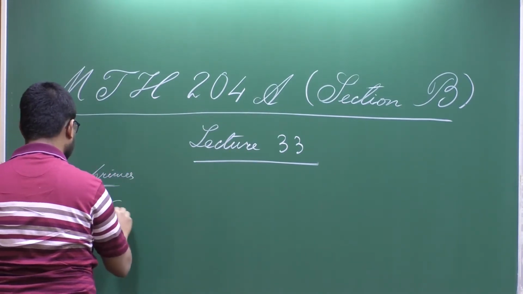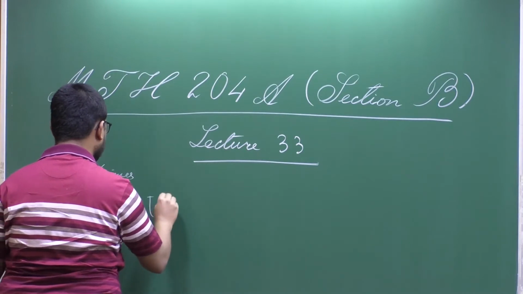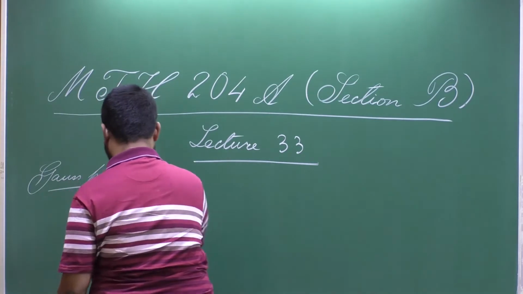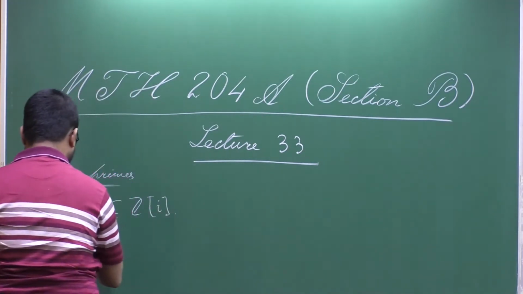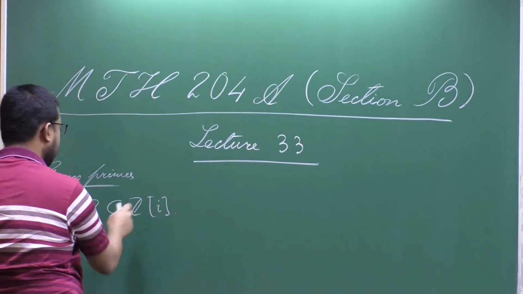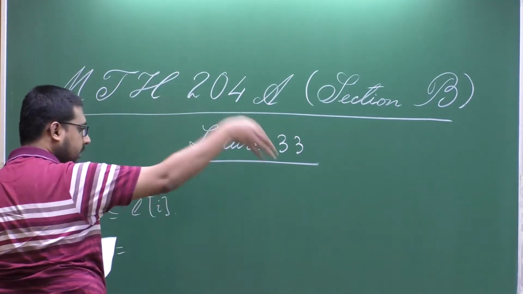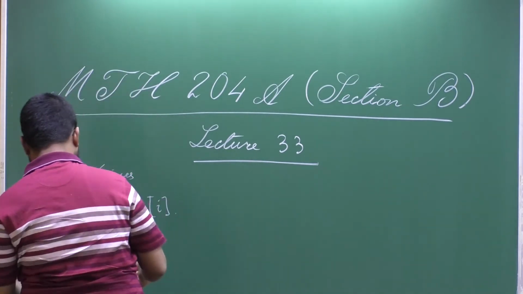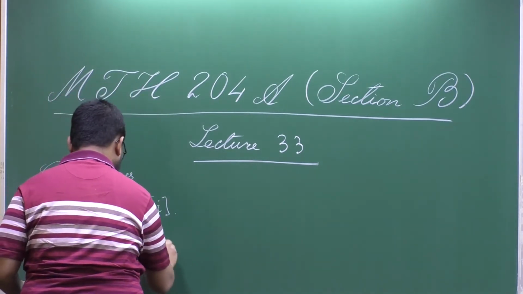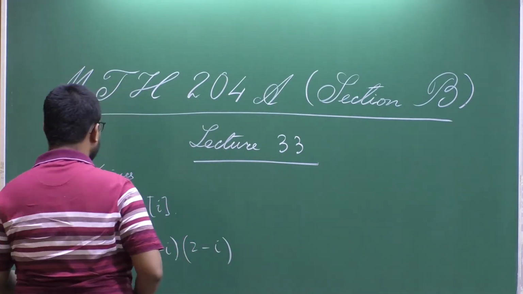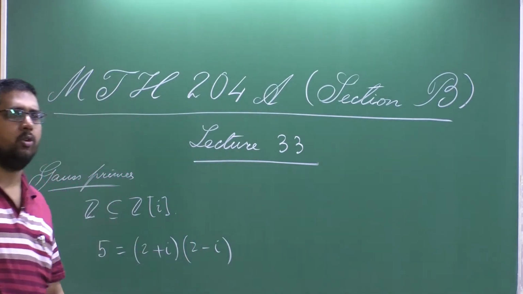So Z is contained as a subring inside Z[i], and we have also talked about that. The primes in Z need not be primes in Z[i]. Of course, we will give a necessary and sufficient criterion very soon, but just as an example, 5 can be written as (2 + i) times (2 − i).